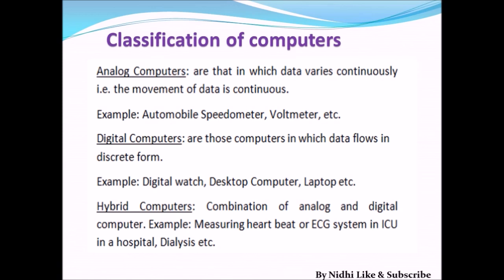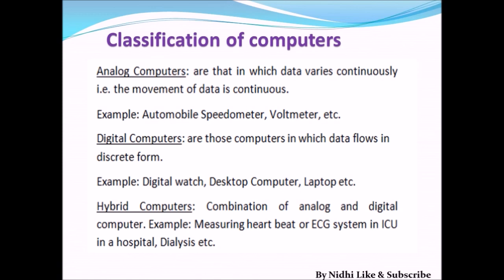Digital computers use data in a discrete form, that is 0 and 1, not a continuous wave. Examples of digital computers are digital watch, desktop computer, laptop, etc. And hybrid, as the name suggests, is the combination of analog as well as digital computers.